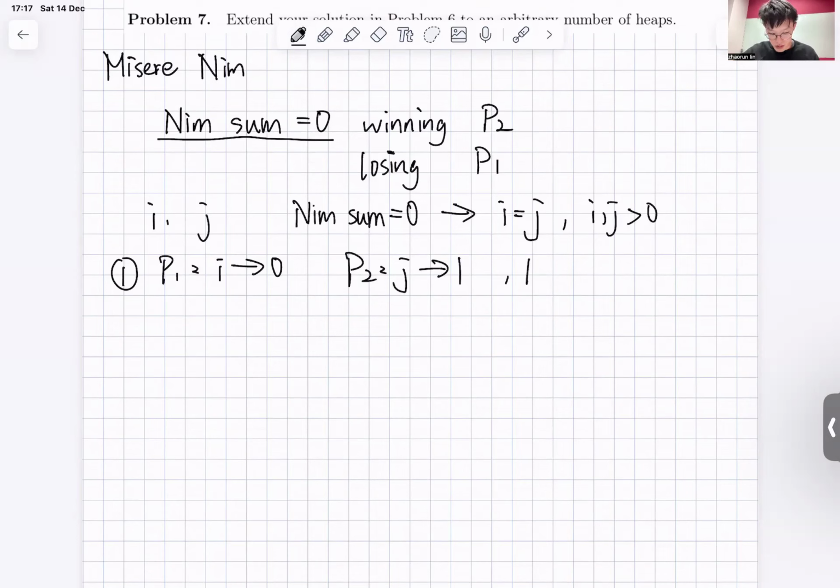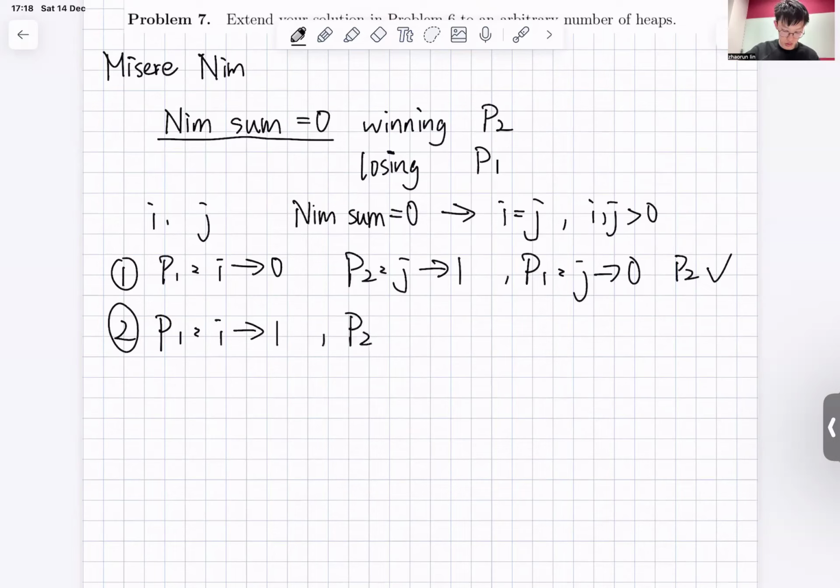Then player 1 must reduce j to 0, and player 2 wins. And the second situation is that player 1 reduces i to 1. Then player 2 can reduce j to 0, and player 1 must reduce i to 0. Player 2 still wins, right?